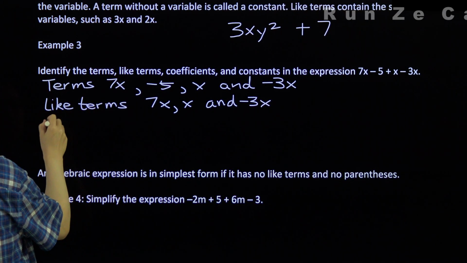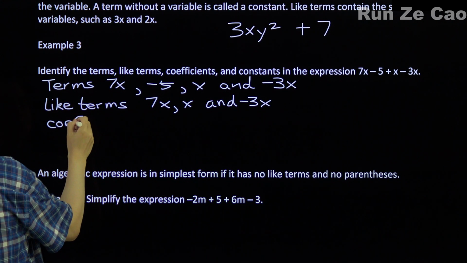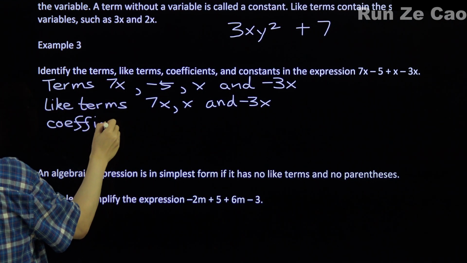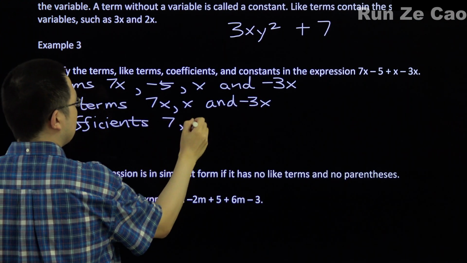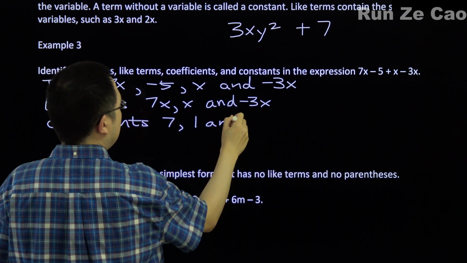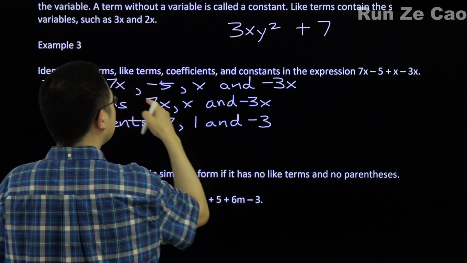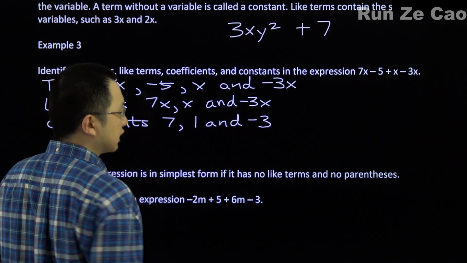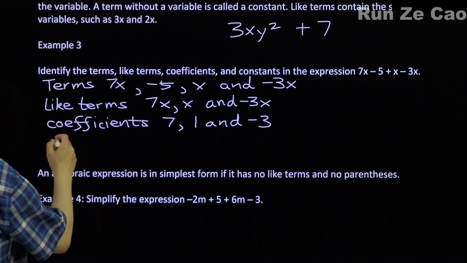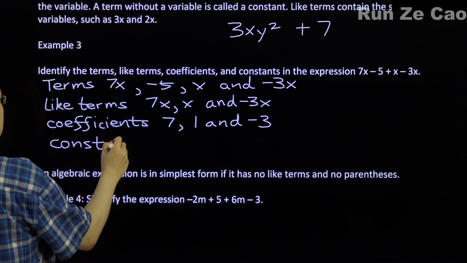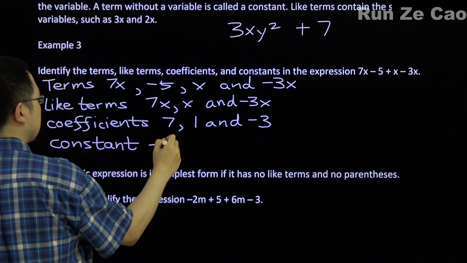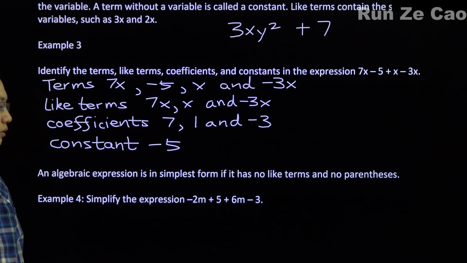Coefficients: 7, 1, and negative 3 from each of the terms that actually has variables present. Constants, well, negative 5 is the constant term here.